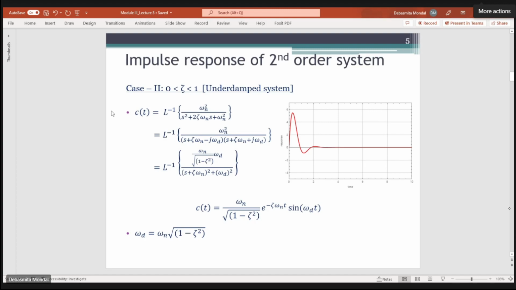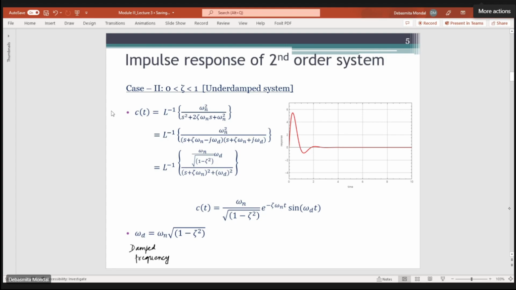And this omega d, as we have learned earlier, is known as the damped frequency, and it depends on the undamped natural frequency and the value of the damping coefficient.